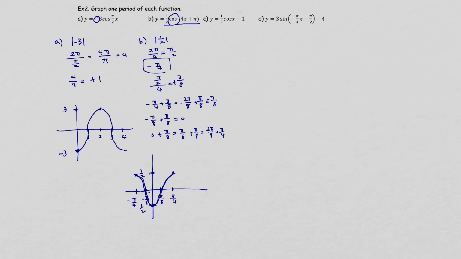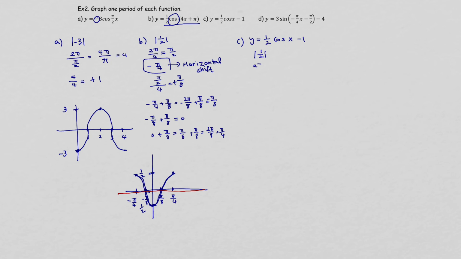Let's try another, C. Okay, let's look at one more, C. This one has y equals 1/2 cosine x minus 1. So this one does not have a b value. Well, the b value is 1, right? So the amplitude is going to be the absolute value of 1/2.